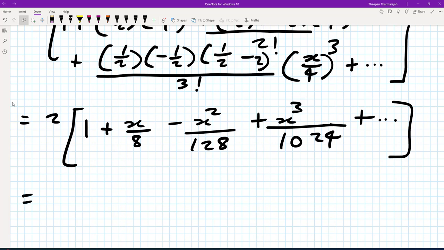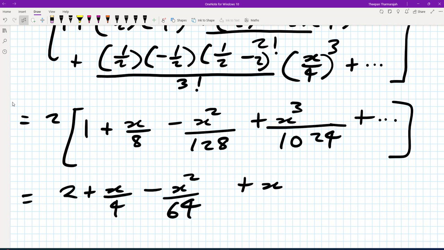Multiplying it all by 2, we get 2 plus x over 4 minus x squared over 64 plus x cubed over 512 plus other terms.